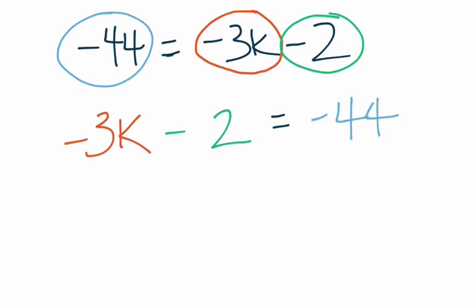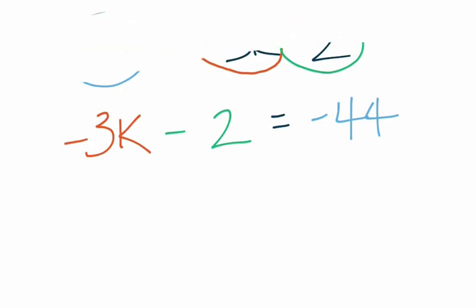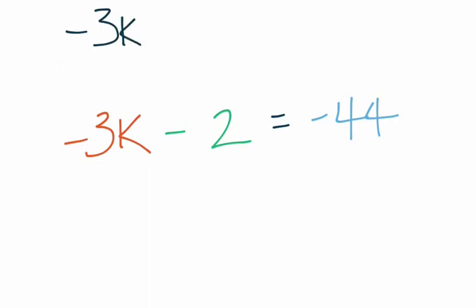And I think that's a lot easier to deal with, so we're going to leave it in that format, and I'm going to move it up here. So I have negative 3k minus 2 equals negative 44.